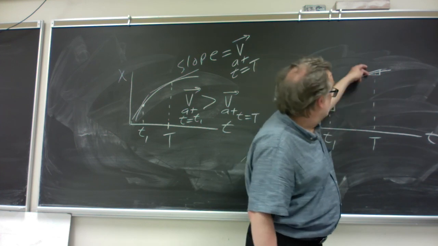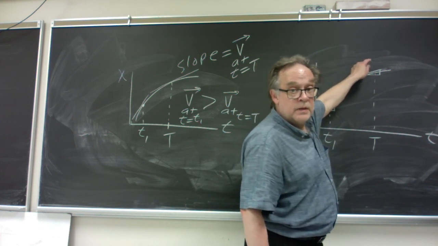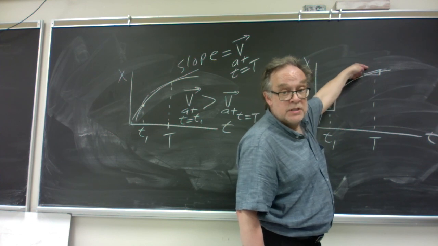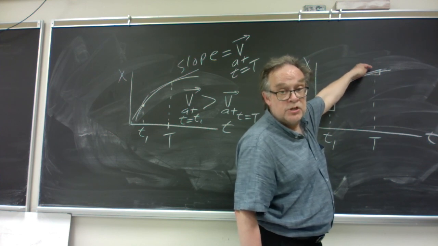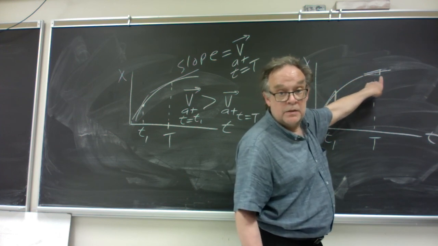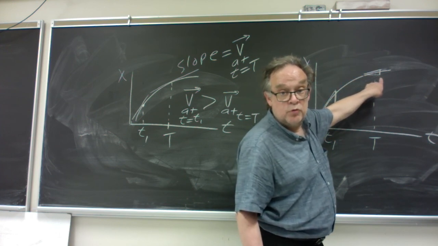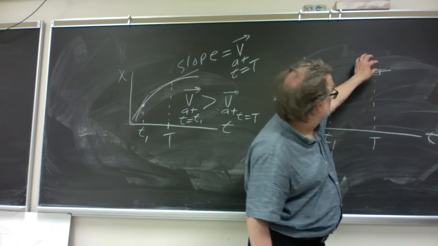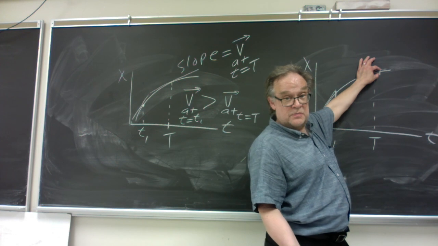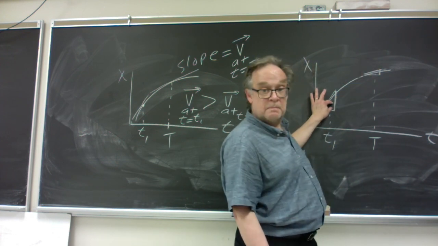So in other words, if right around this time the velocity had been just the same as the slope of this tangent line for that whole time interval, then the object would have moved from this location to this location. It would have traveled this distance, which is a much shorter distance than this.